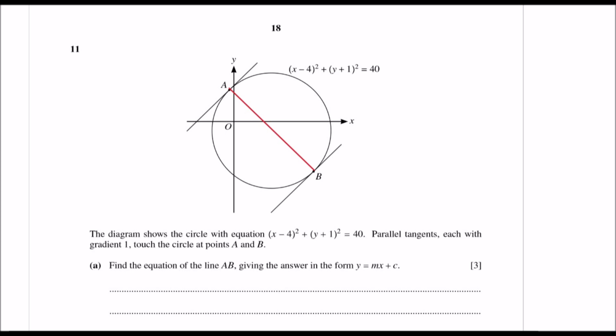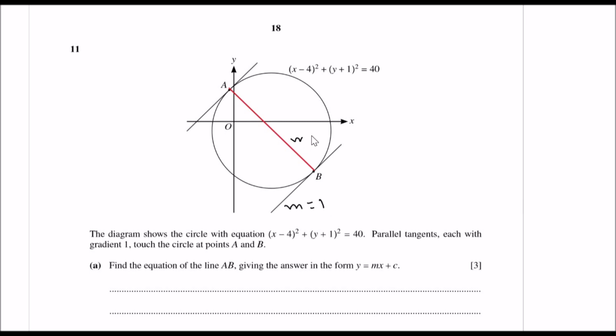So gradient we can find, because gradient of tangent is given and this is a diameter of the circle. So tangent makes a 90-degree angle with the diameter. So diameter and tangent, they are perpendicular to each other. So what does it mean? The gradient of the tangent is 1.